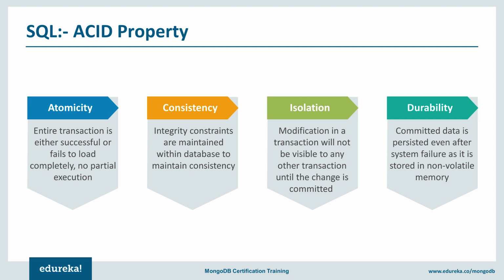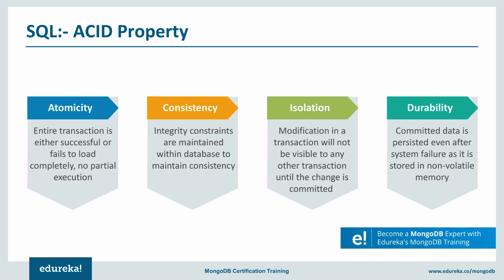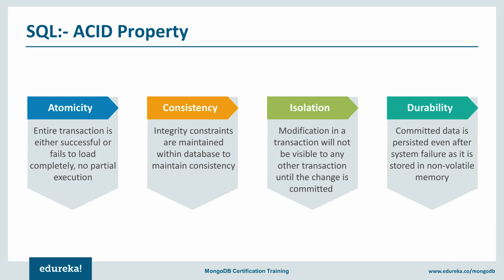Isolation is more popular. For example, let's suppose multiple transactions are happening simultaneously within the same time frame. To ensure they don't come in each other's path and don't interact with each other, every transaction is handled separately. Let's take an example.